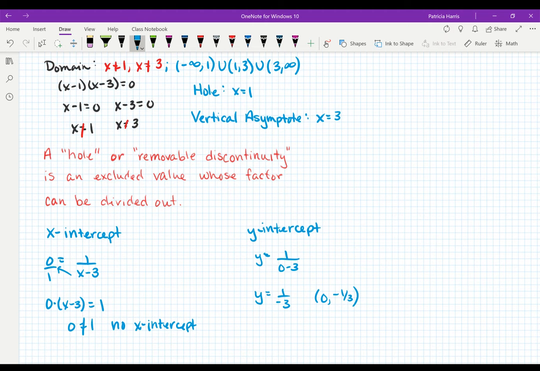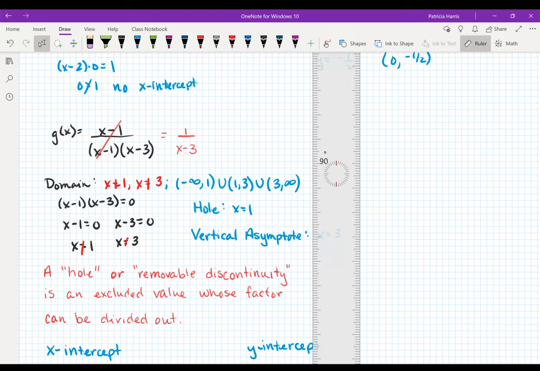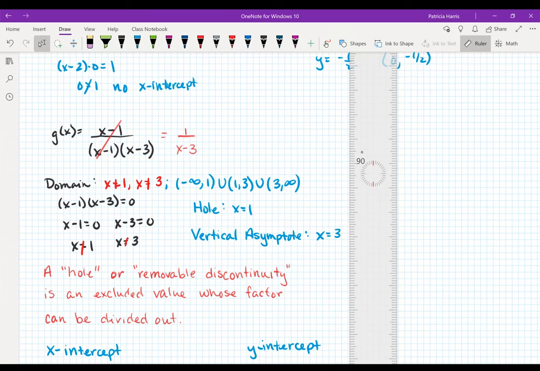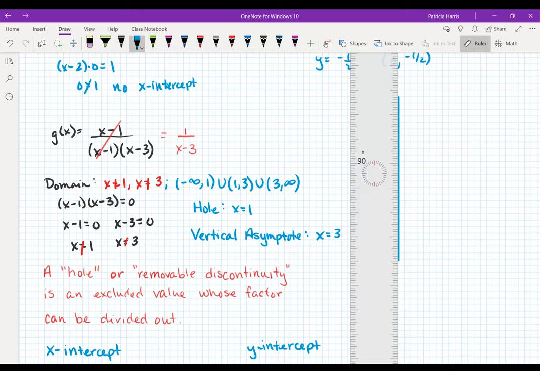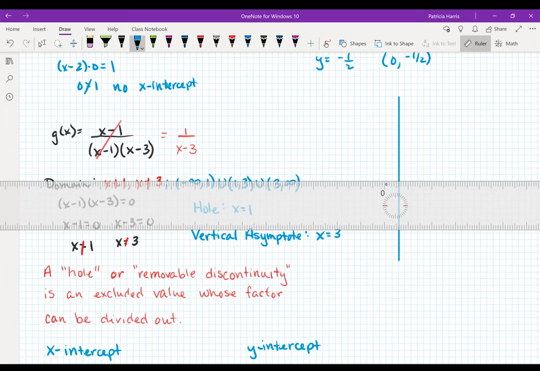Now, I think we're ready to start sketching our graph. We haven't talked about end behavior or having a horizontal asymptote yet, but that'll come from our graph. So let me get an XY axis going on here. Until you get used to this, you might want to try graphing by hand and then possibly converting your graphs on Desmos.